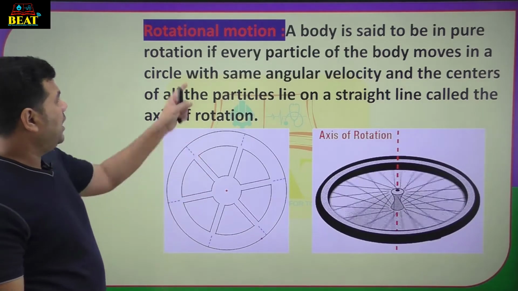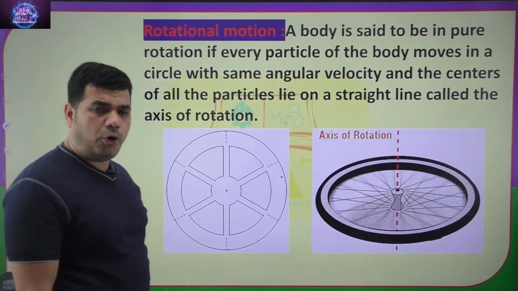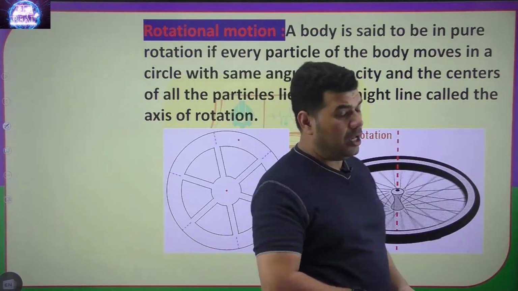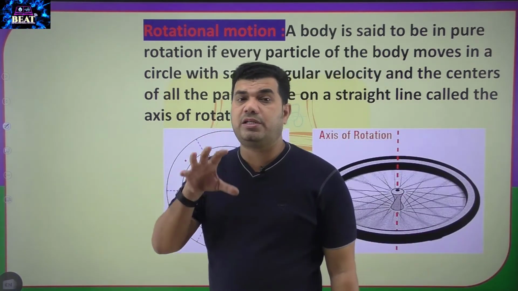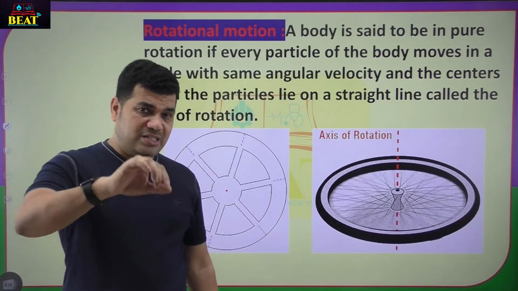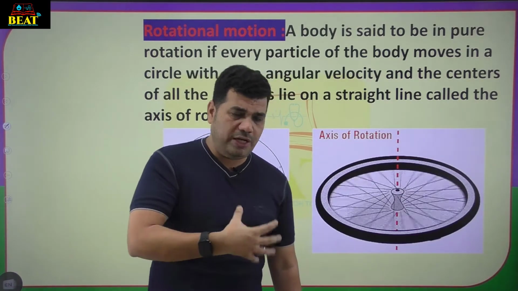So let's move on. Next one is the rotational motion. A body is said to be in rotational motion if all the particles situated... again, just concentrate here. What is rotational motion?